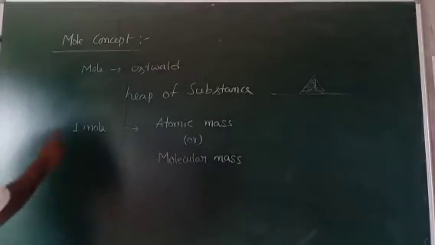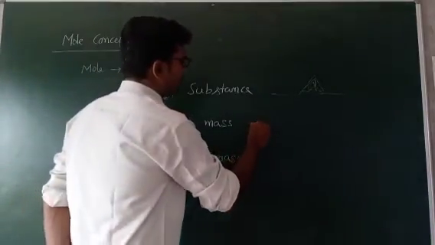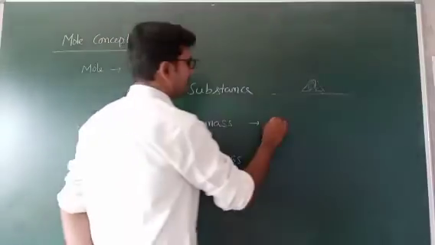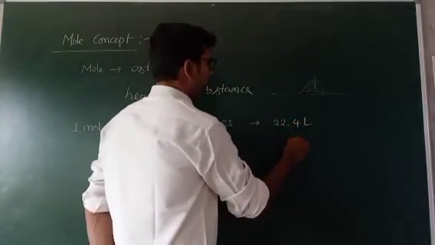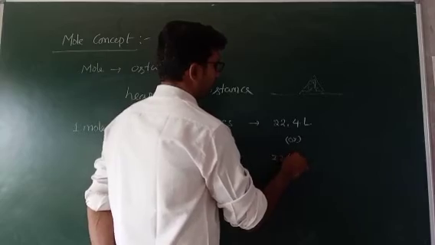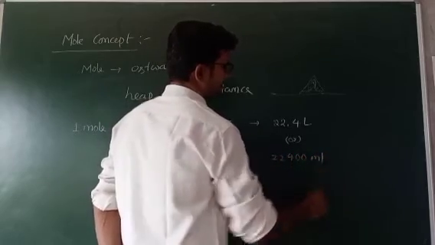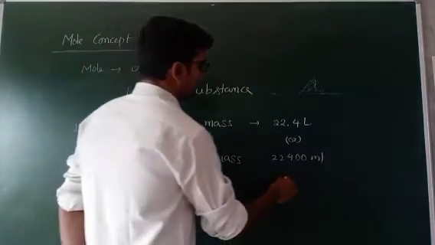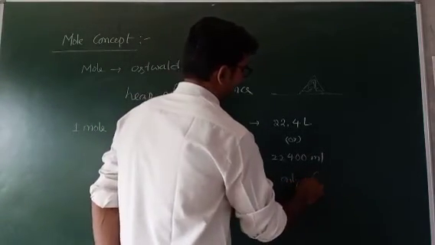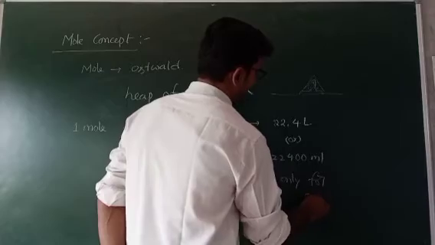Okay. And 1 mole occupies how much volume? 1 mole occupies 22.4 liters or 22,400 milliliters volume. Any gas? This is applicable only for gas.